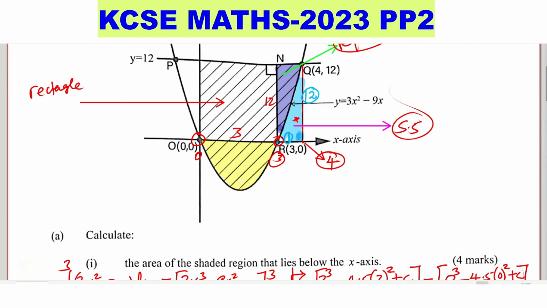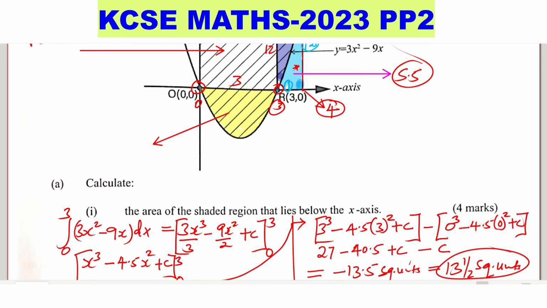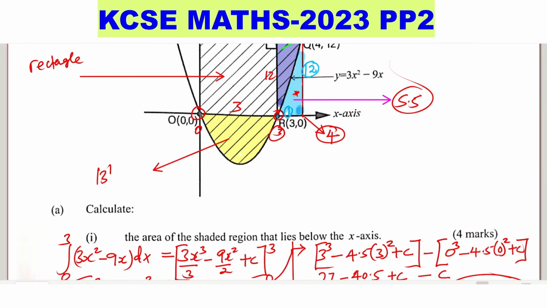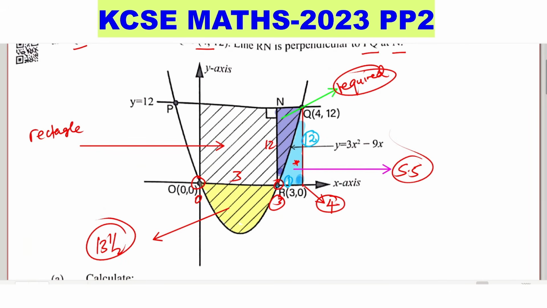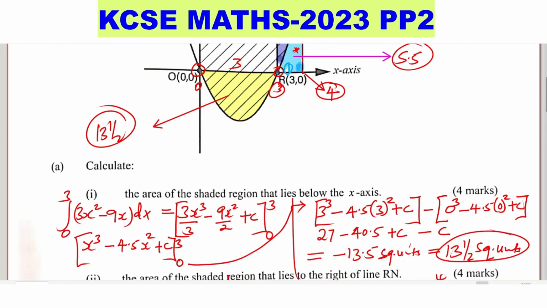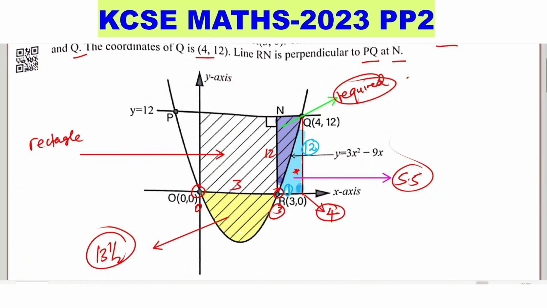Then already we have the area of these, which we got in the first part, which is 13.5. So this was 13.5. And then we have this one to the right of Rn. We've just got that in the previous part, which is 5.5. So this is 5.5.